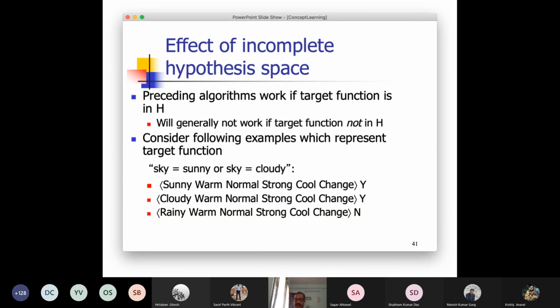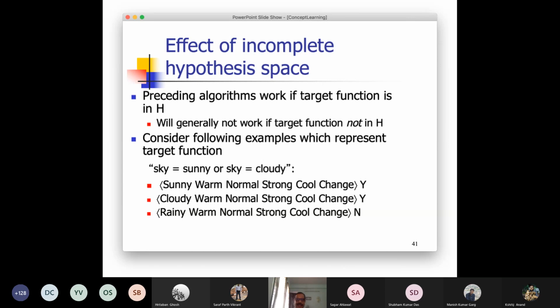Right? So when you are applying this candidate elimination algorithm, you can see that if you use the first two training examples, then you will get question mark, warm, normal, strong, cool, change. That is the hypothesis. And then once you get the negation, the version space becomes empty, because in your generalization cases you cannot put rainy there.